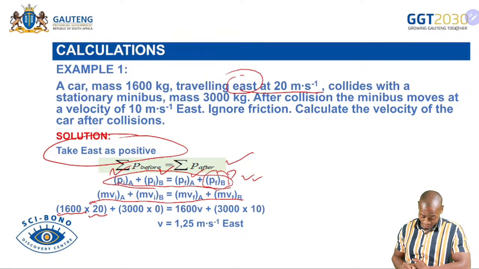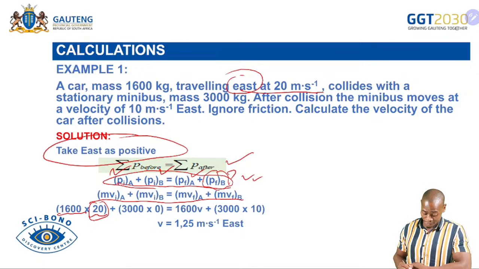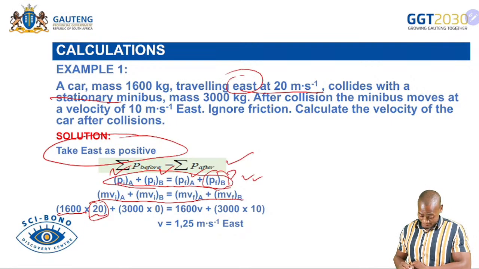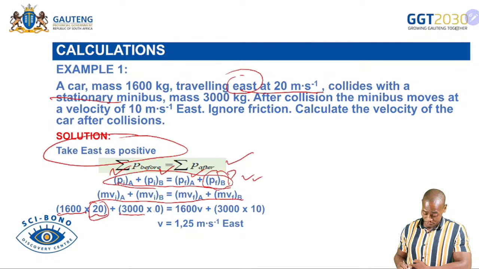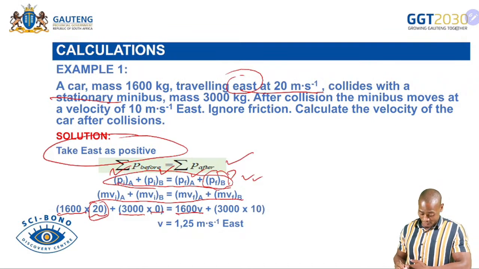That is why here you see a positive 20. Then for object B, initially it is at rest, it is stationary. The mass is 3,000, and it is at rest initially, so the velocity will be 0. Then we are looking for the final velocity of car A. The mass of A is 1,600.